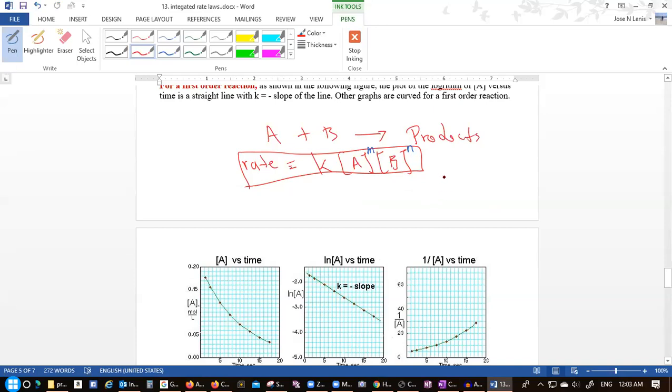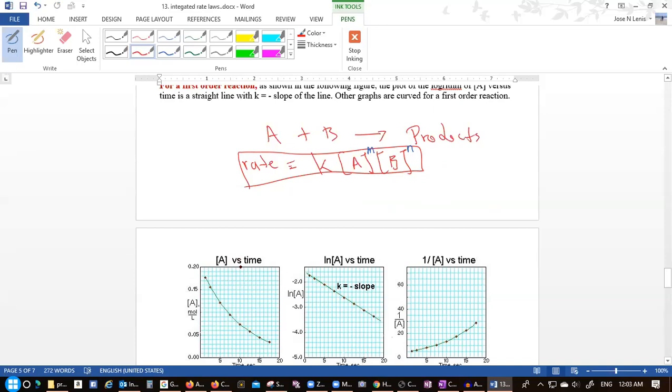And since we have only 3 possibilities, the most common, it could be of 0 order, or first order, or second order. Only 3. So you need to do 3 graphs.